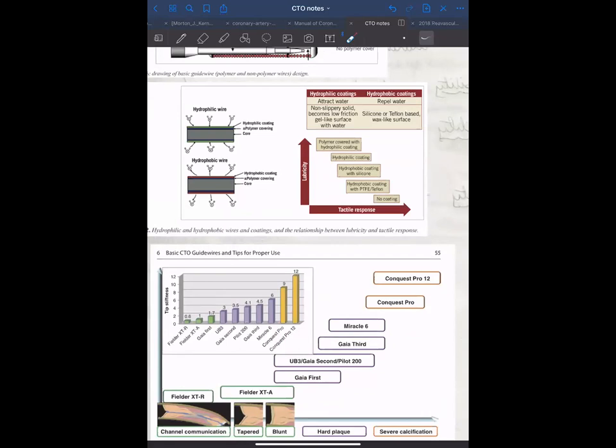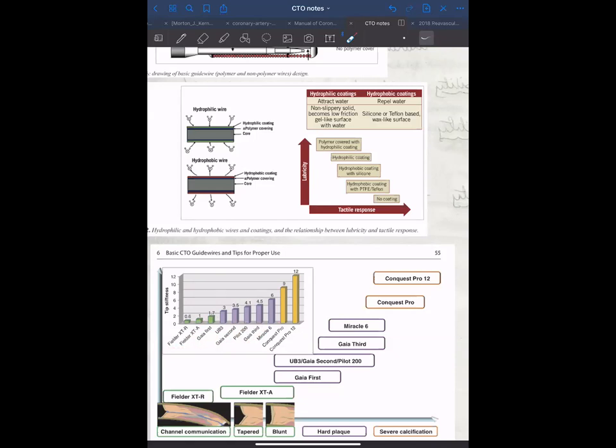So if you have a communication, like I have mentioned, communication which is already seen, especially with a tapered proximal cap like this, then we can go for this green set of wires. Gaia is easy to remember because penetrable power is more with Gaia 3, and Gaia second has lesser, and Gaia first is the starter wire. So for the green kind of lesions where you have a simple lesion for antegrade technique, you can use Fielder XT A and R and Gaia 1 or first.